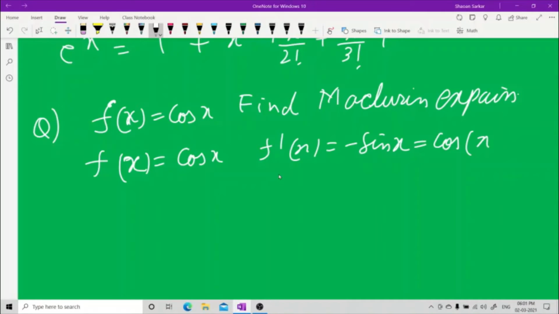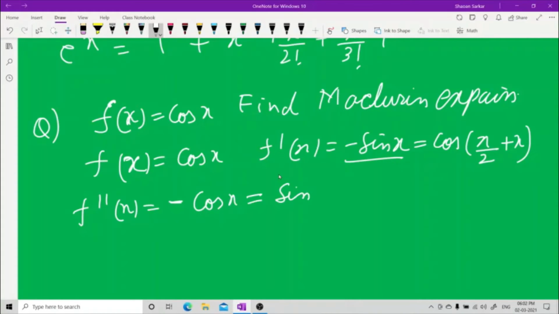(pi by 2 plus x). Now f double dash x is minus cos x.